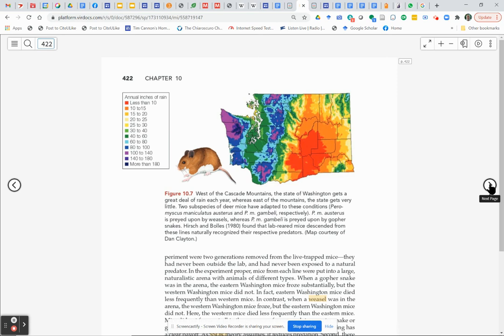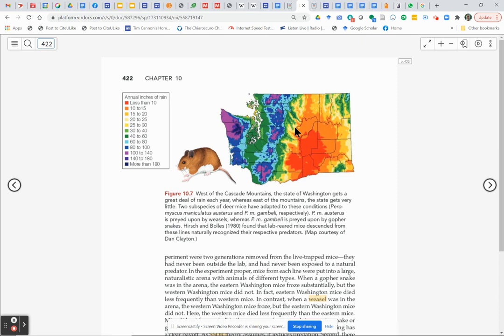Moist air comes off the Pacific and comes inland, and as it does, it drops its moisture, so it's very wet. Then it starts going up the Cascade Mountains, and as it goes up, it gets colder and water is extracted from the air. Then the air goes over the mountains, and when it comes down the other side, it's very dry.